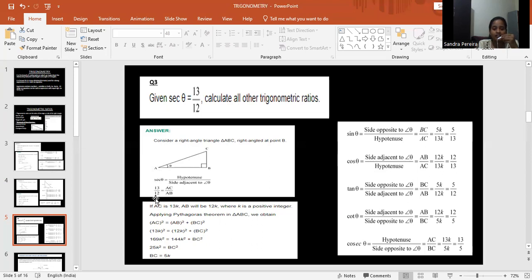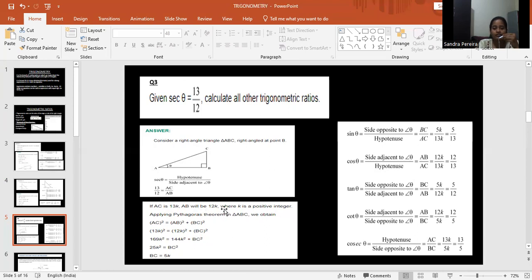Sec theta value is given as 13 by 12. Now we will take a multiple of this ratio, K. So AC can be written as 13K and AB can be written as 12K, because we don't know the actual value of the base or the actual value of the hypotenuse.